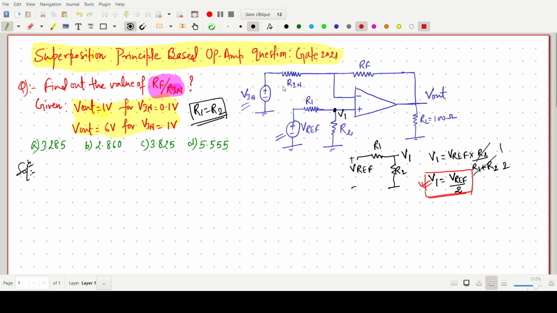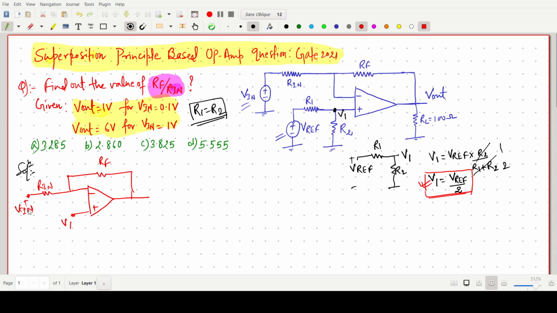So now we can redraw the circuit. One voltage is simply our V1, so I am writing V1 here, and this one is RF and Rin.